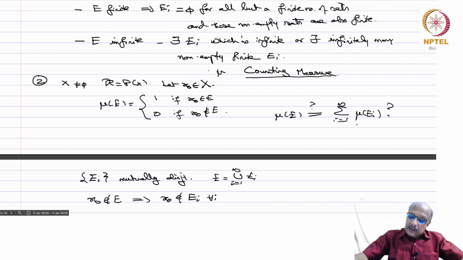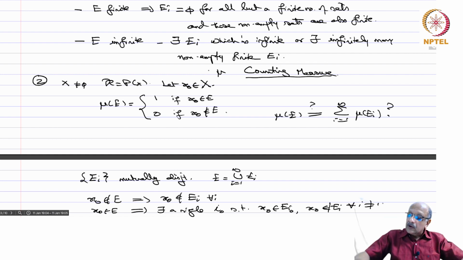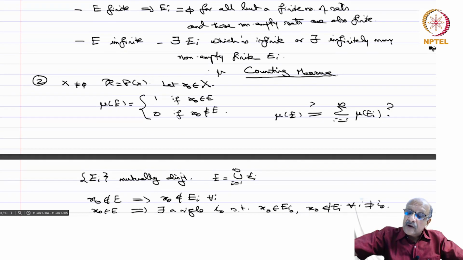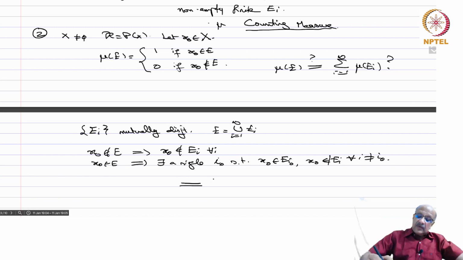In both sides of the equation everything is 0, and so it's obviously true. If x naught belongs to E, this implies there exists a single i naught such that x naught belongs to Ei naught, and x naught does not belong to Ei for all i not equal to i naught, because the sets are mutually disjoint. So then this will be 1 on this side, and there will be exactly one term which is 1, and all the rest will be 0.